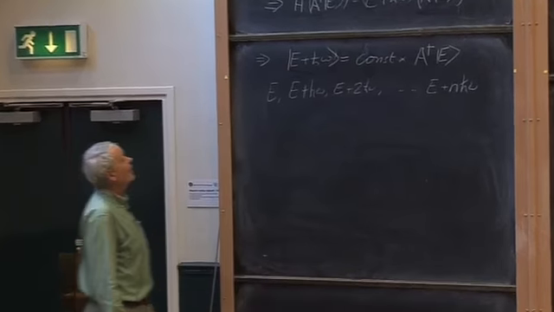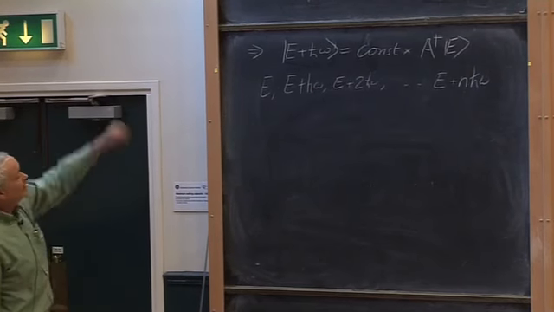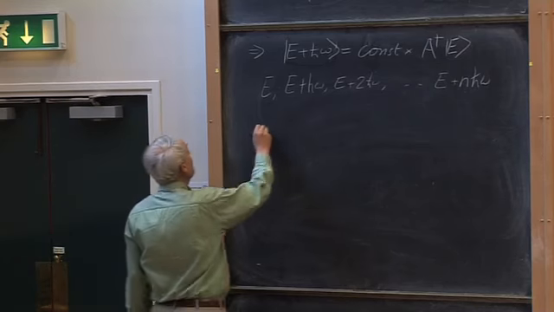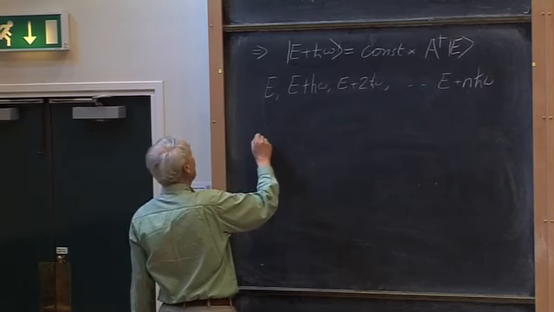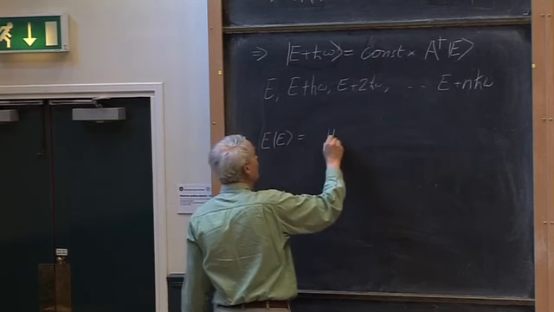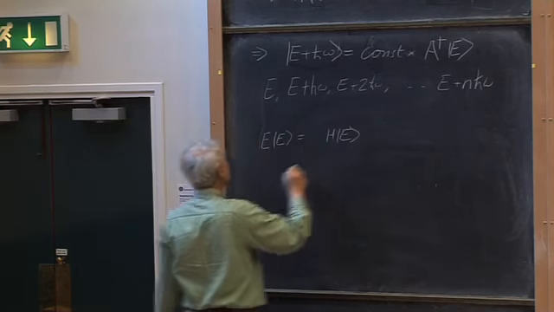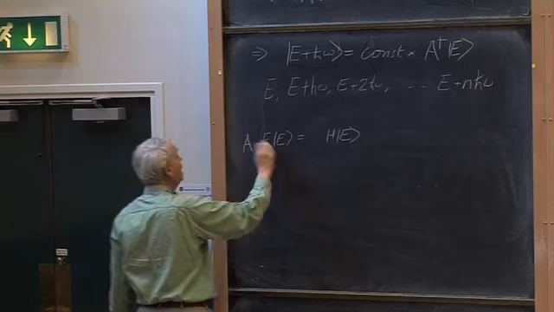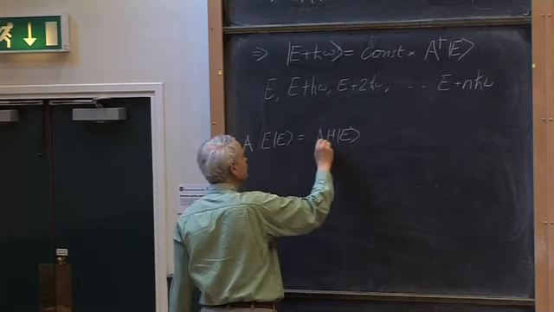And we do that by applying not A dagger to that equation, but A to that equation. So then we start with now E|E> is equal to H|E>, and we multiply both sides of the equation by A, not A dagger this time.